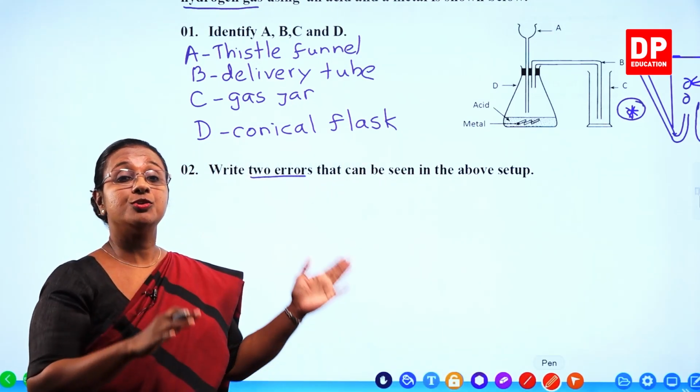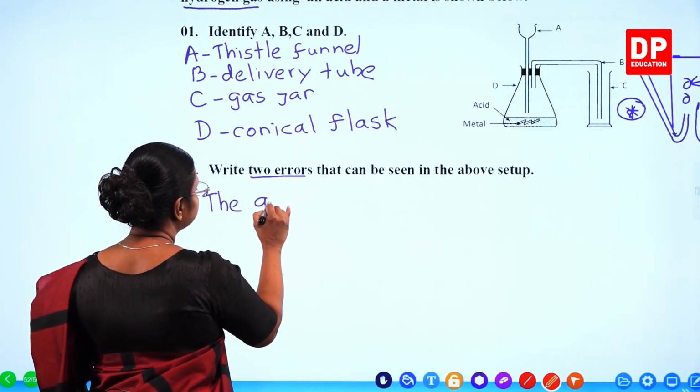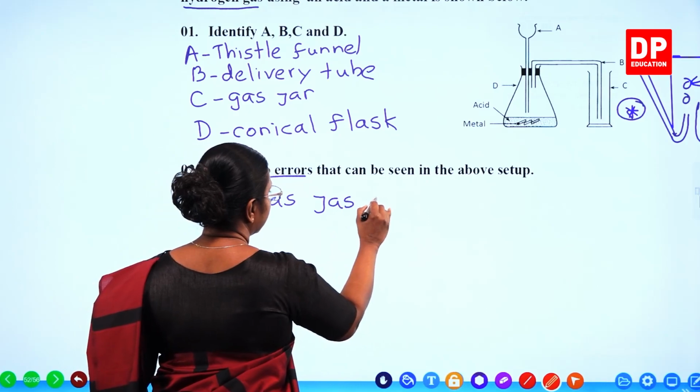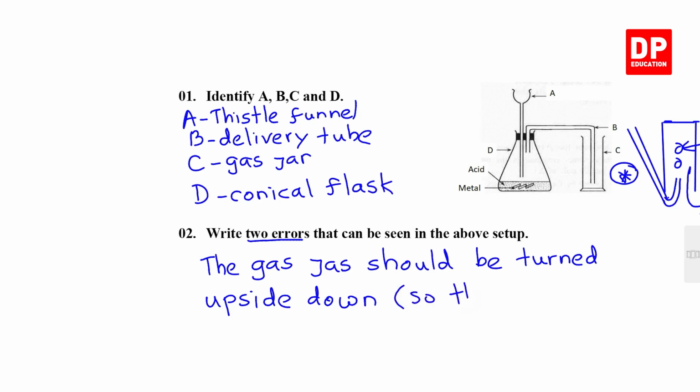The gas jar should be turned upside down so that air can flow out from the bottom.